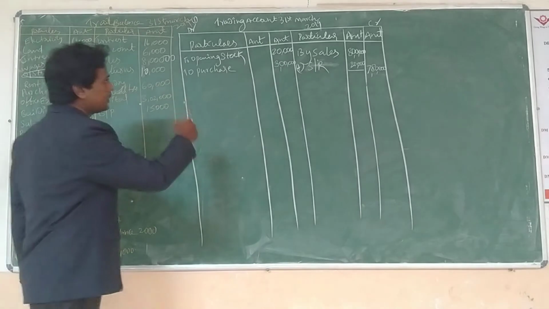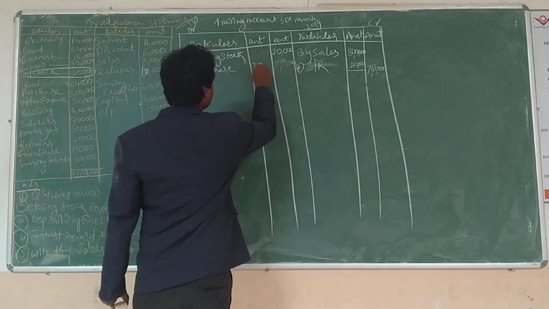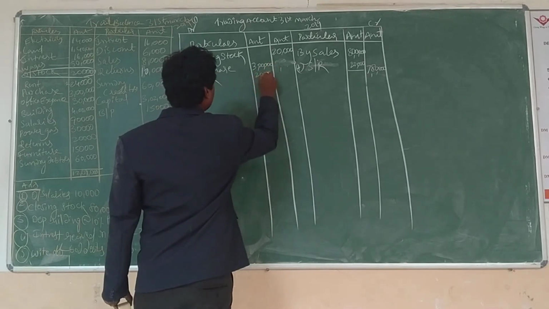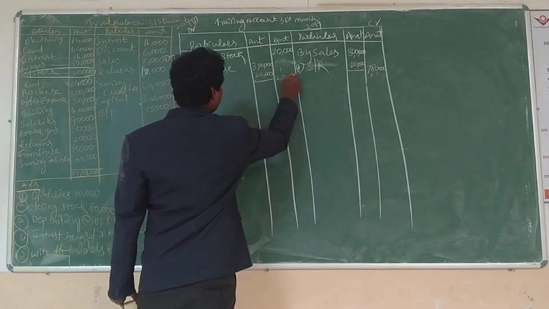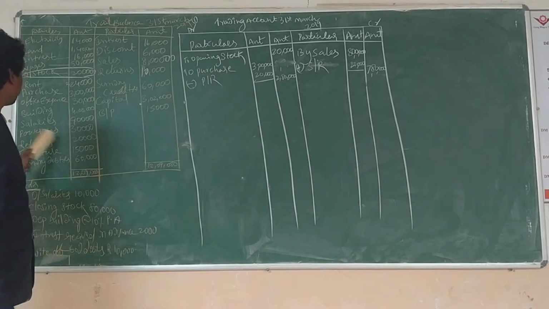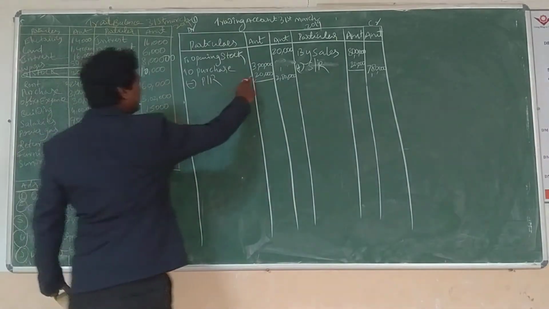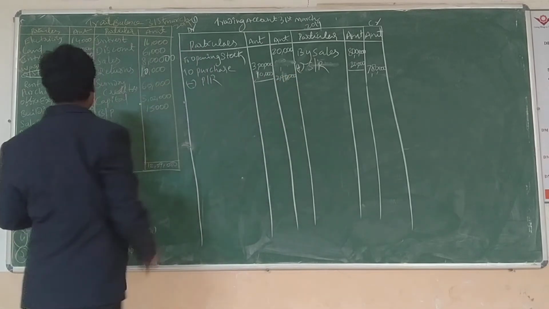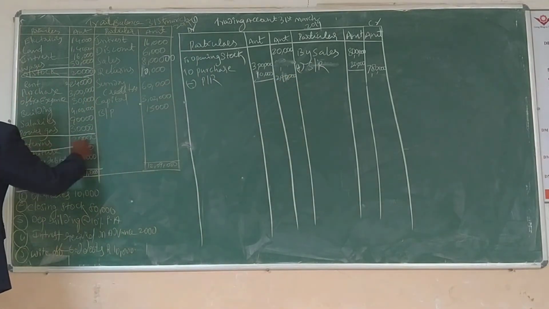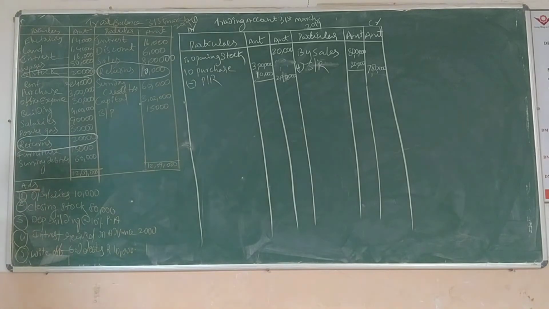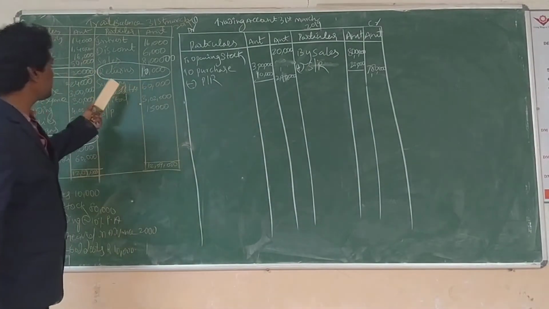This is the purchase returns, and the sales returns are mentioned here. Always remember, purchase returns go on the credit side and sales returns on the debit side.